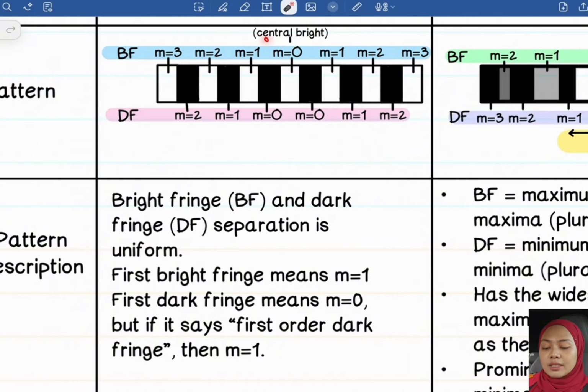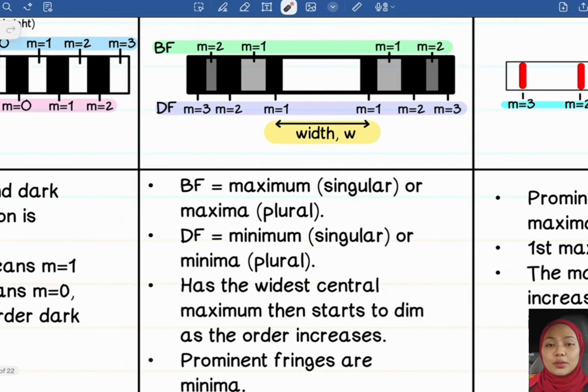We also have central bright, which literally means it is at the center of the pattern. And sometimes you also hear maximum or maxima. They are equivalent to bright fringe. A minimum or minima is equivalent to dark fringe, and central maximum is equivalent to central bright.